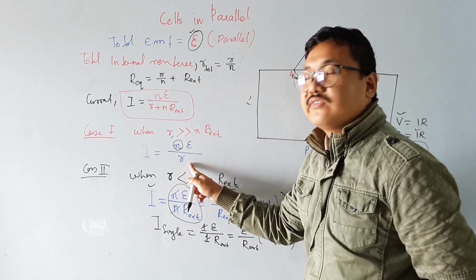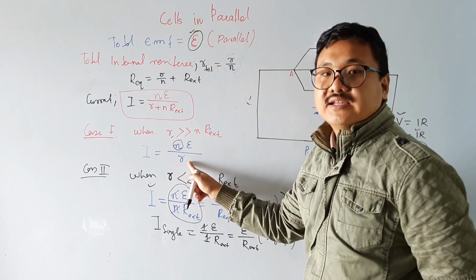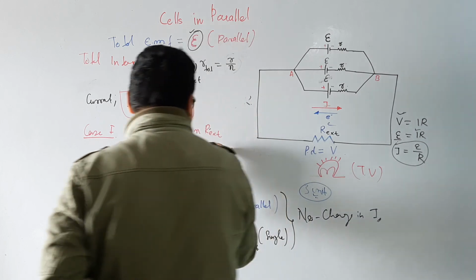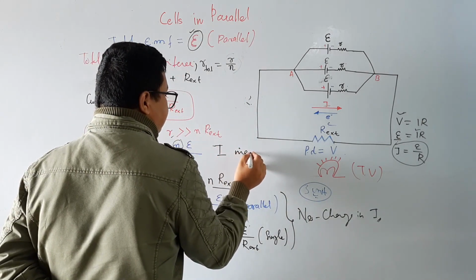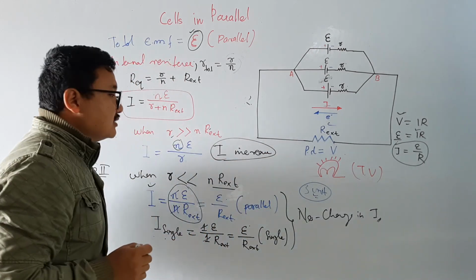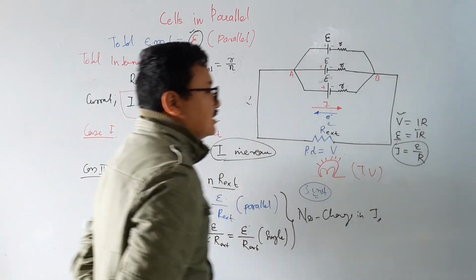If the number of cells is 5, it will become 5E by r. What does this mean? In each step, the current is increasing. This is very important when the internal resistance is larger than the external resistance.